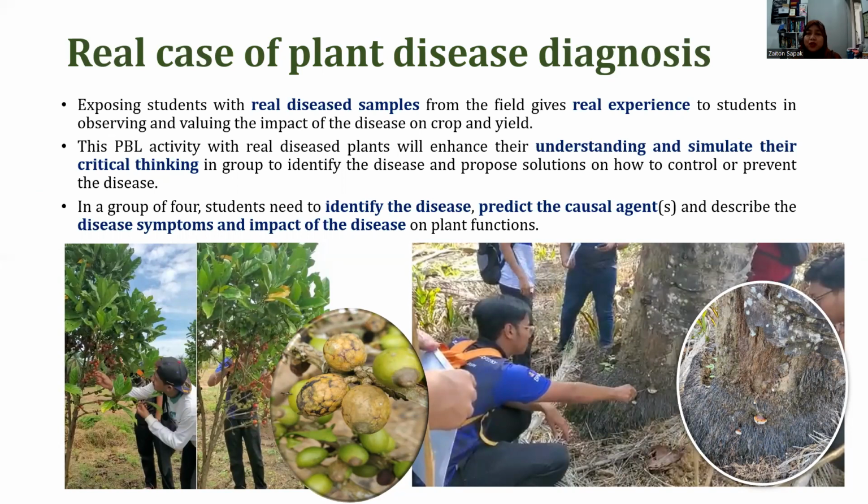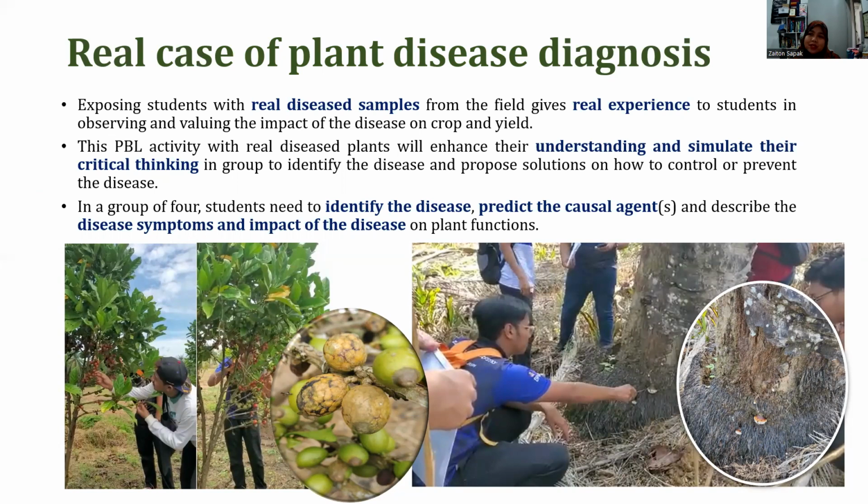So in a group of 4 students, they will collect the samples. They will describe the symptoms in the field. They take notes on the symptoms and the signs, how the plants look, the appearance of the plants suffering from the disease, and then they start to predict the cause of the pathogens.